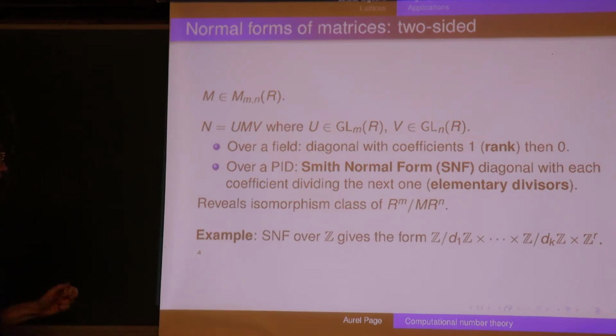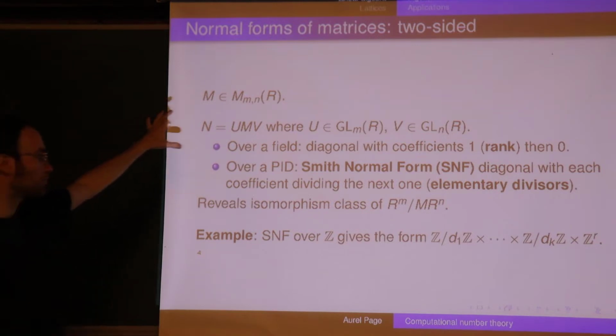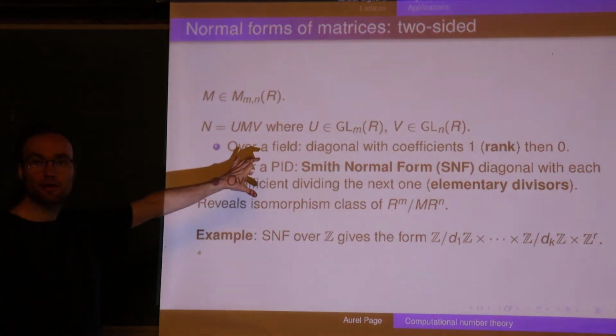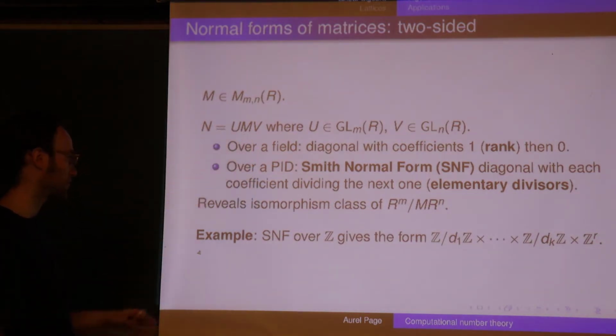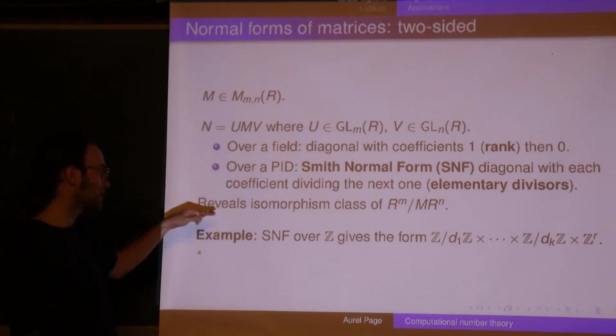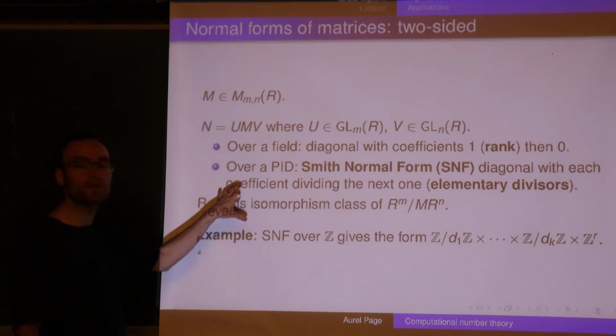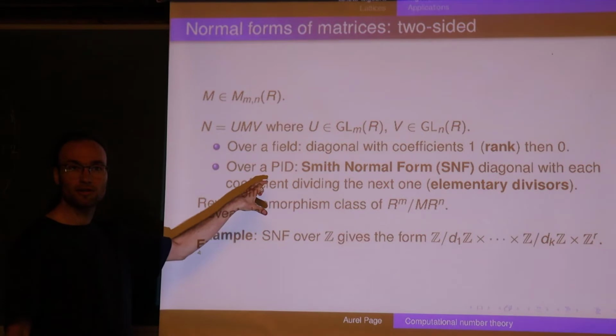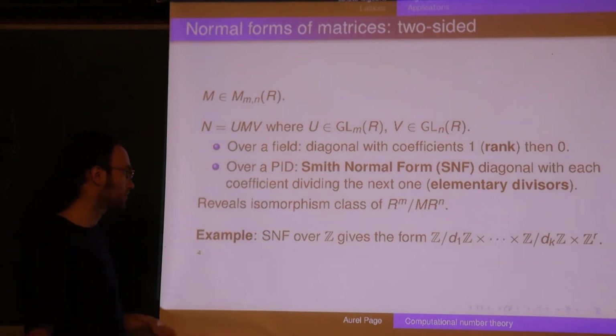Okay, so already this type of normal form actually has to do with what I called representation theory problems, in the sense that it reveals the isomorphism class of a module. So this is a bit of a deeper operation.